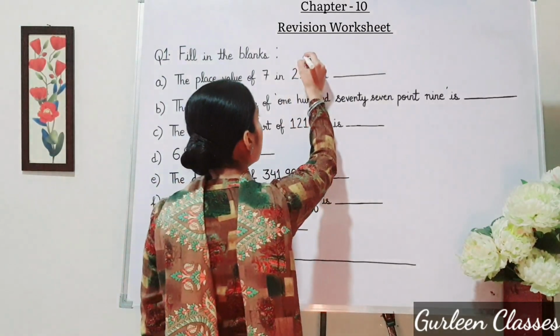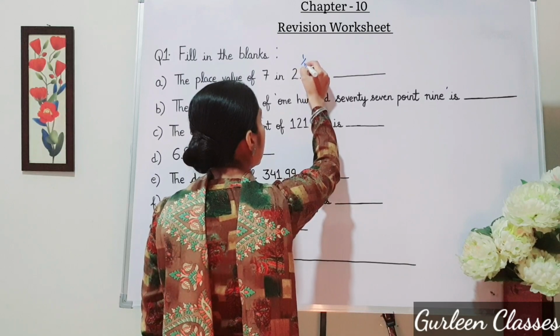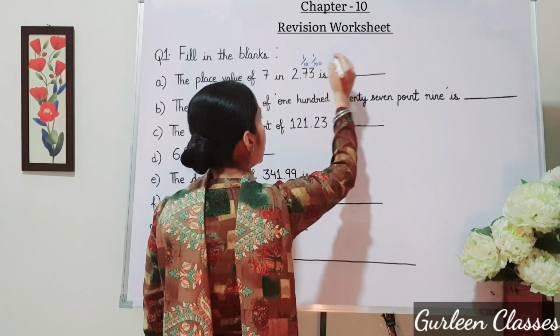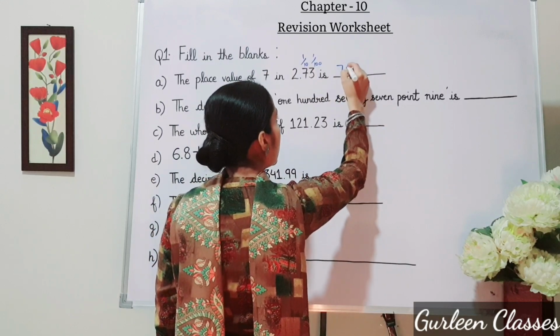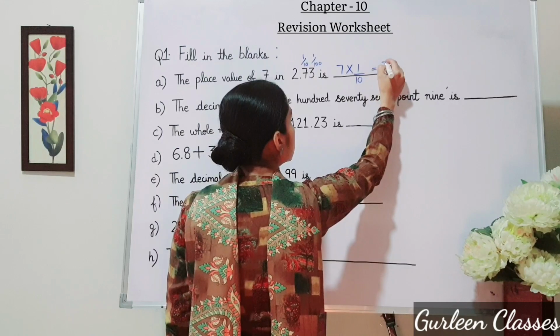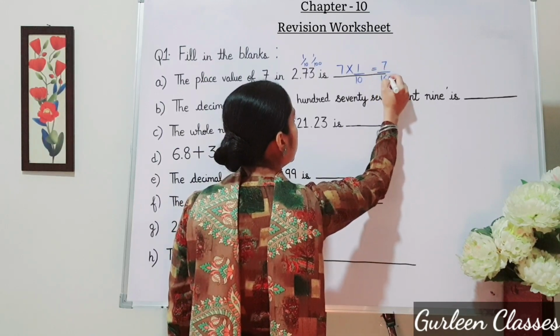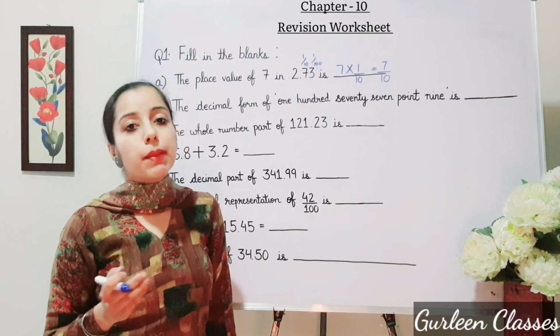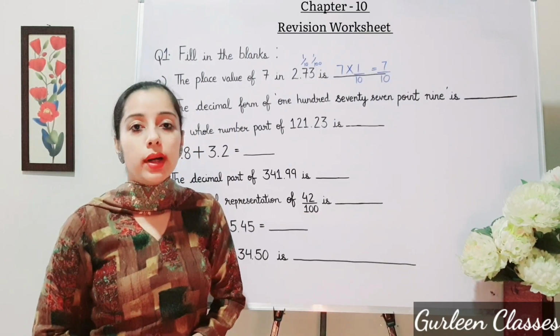So after the decimal point, the place is tenths and this place is hundredths. So the place value is face value into the value of the place, that is 7 upon 10. So the place is tenths and the place value is 7 upon 10.